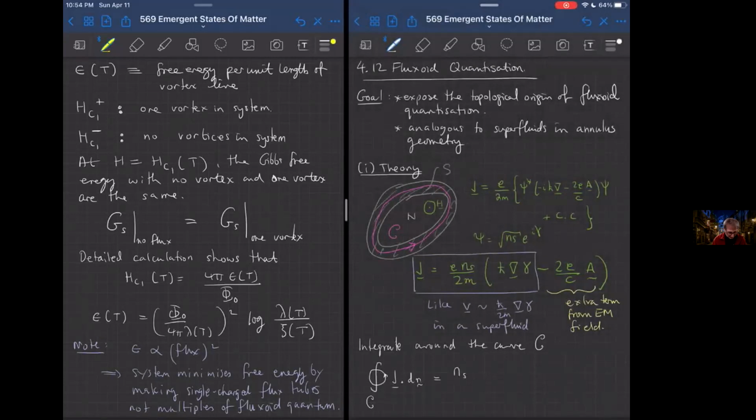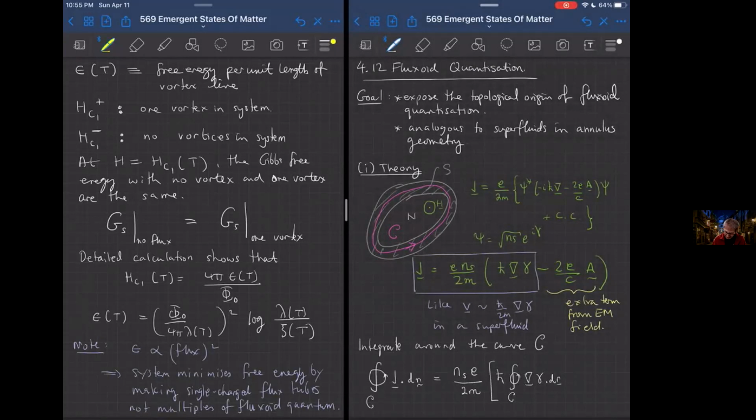This is going to be n_s times e over 2m, and then we've got two terms now. One is just the integral around the curve of the gradient of the phase, which is exactly what we had before.